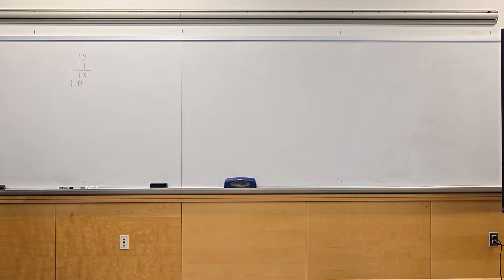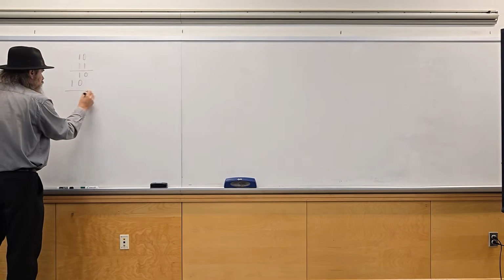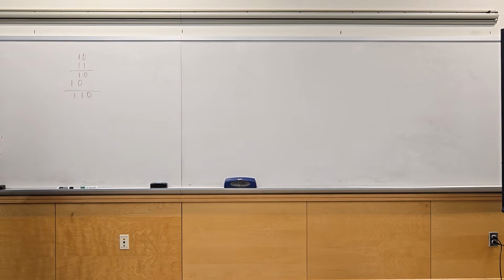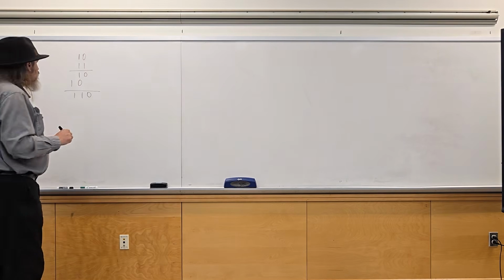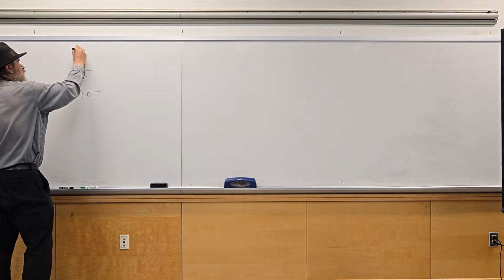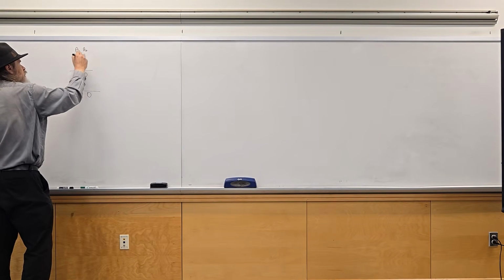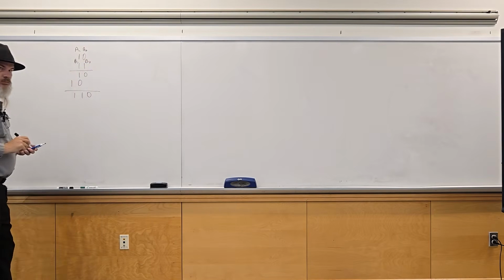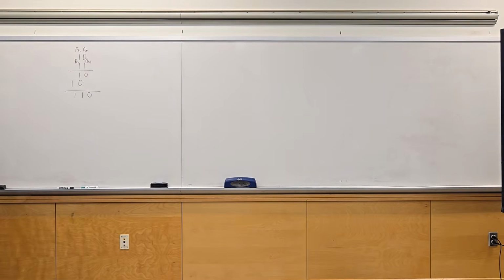Right? And then you add these together. This is basic elementary school math, just with 1s and 0s instead of 0 through 9. So you have A1, A0, B1, B0, your two-bit numbers.